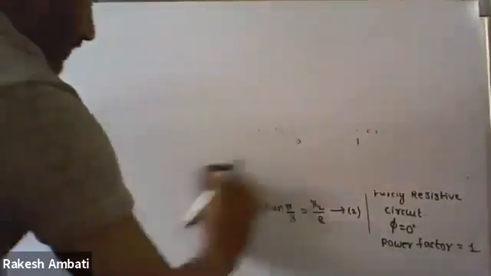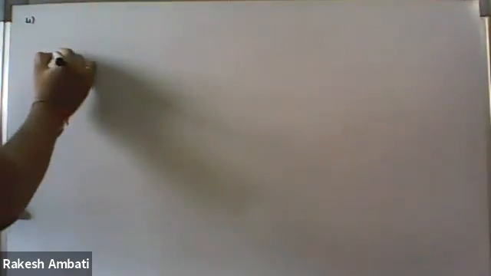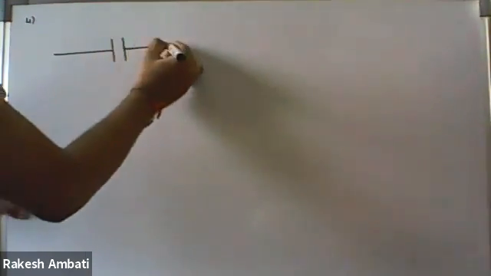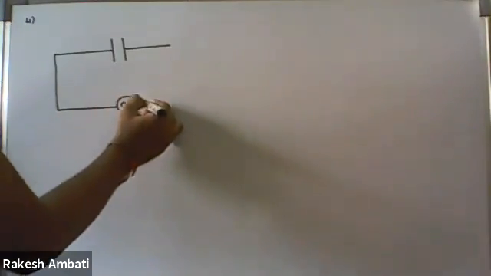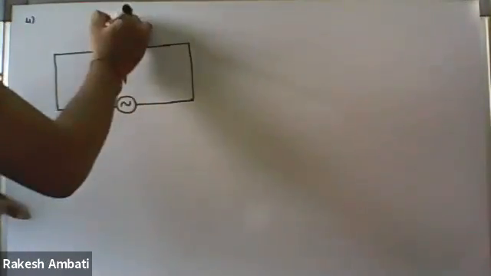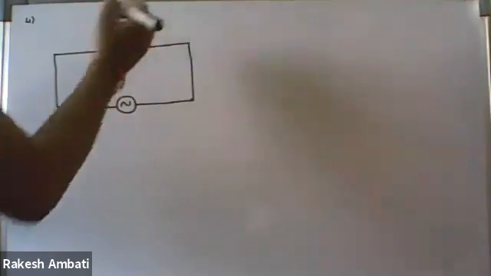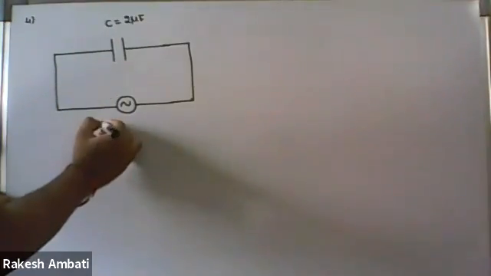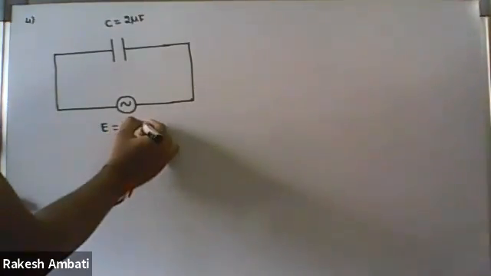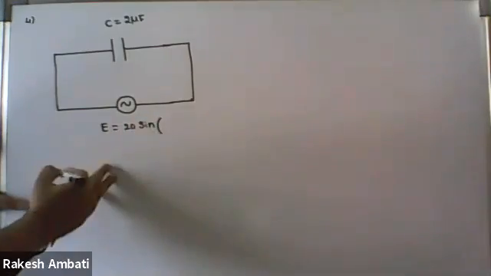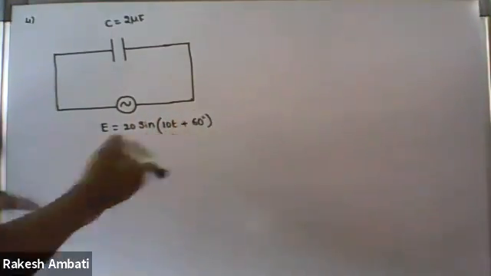Fourth question. I'm taking a purely capacitive circuit. In the question, the capacitance is given as 2 microfarad, and the alternating source EMF is given as 20 sine of 10t plus 60 degrees.